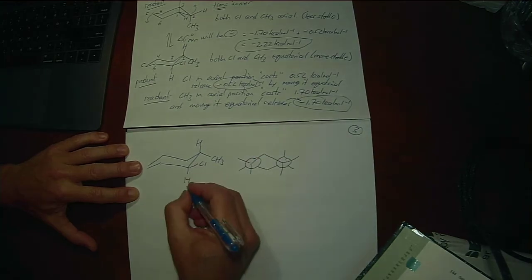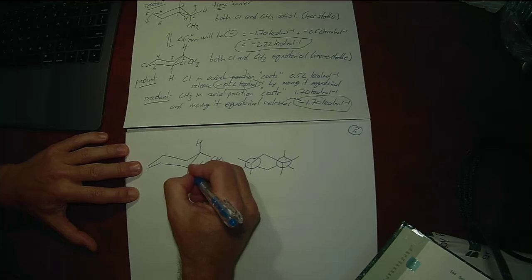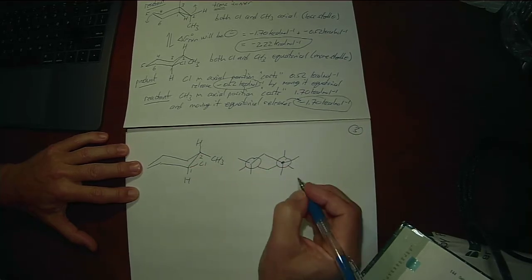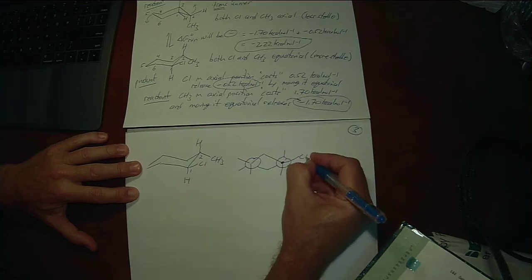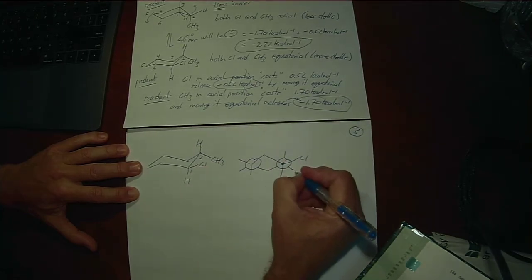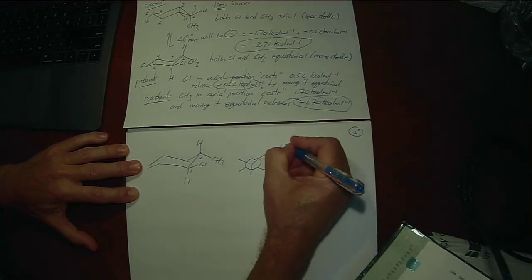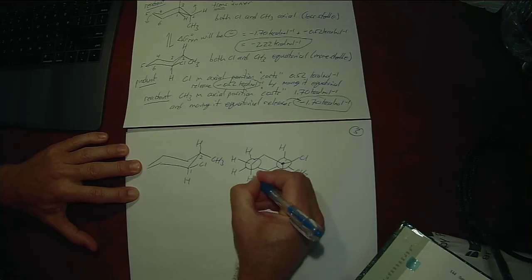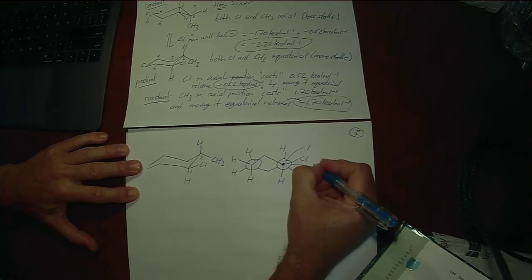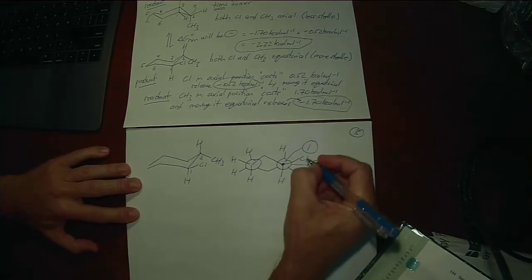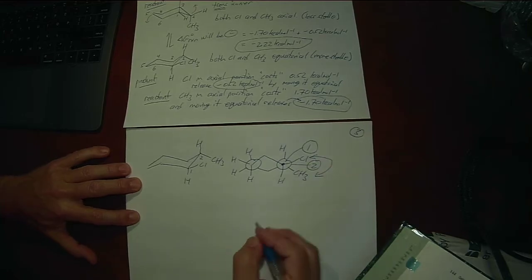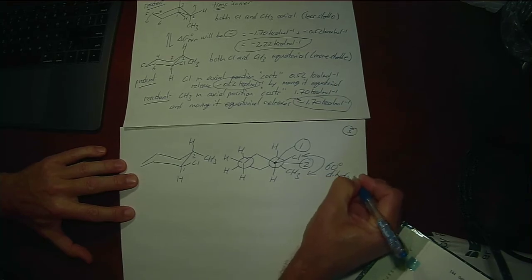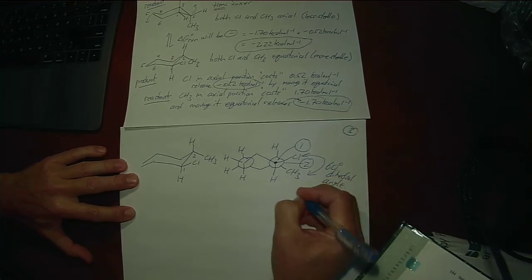So if I'm looking down the C1 to C2 bond, carbon 1 is the center here, carbon 2 is the back. There's a chlorine out here in the equatorial position and a hydrogen axial, and a methyl group in the equatorial position and a hydrogen axial. Over here, everybody's hydrogen. So this is carbon 1, this is carbon 2. The CH3 and the Cl have a 60-degree dihedral. That's a gauche relationship.